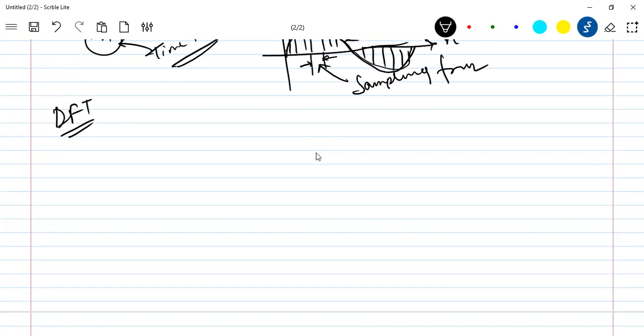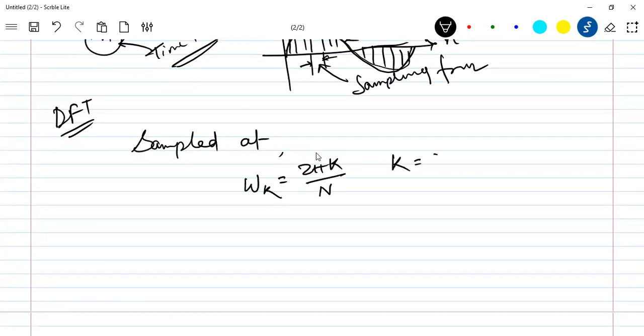So now we just sample at omega k in terms of 2 pi k by capital N, where k equals 0, 1, 2, 3 up to N minus 1, isn't it? So can I write this one?